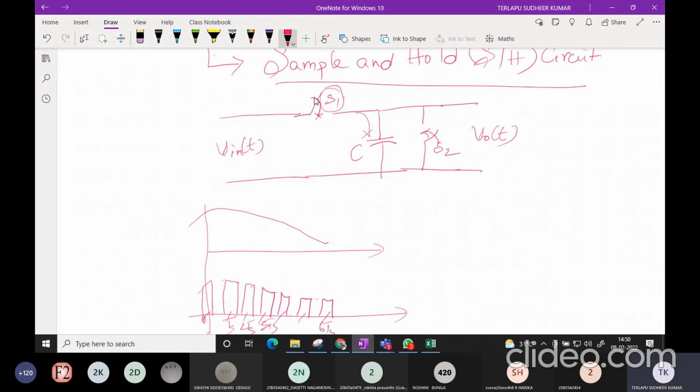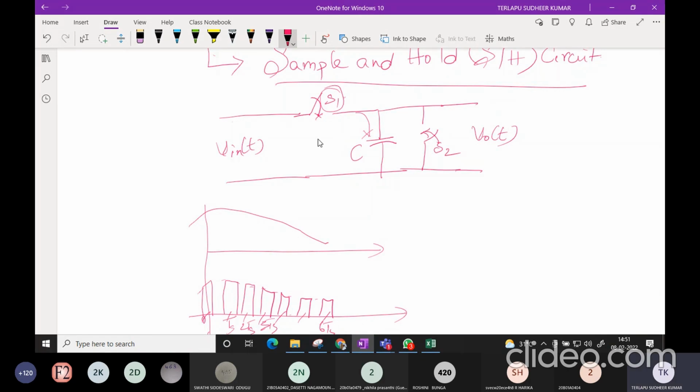S1 is closed during the sample interval, so the signal cannot find a discharging path because S2 is open. So my capacitor will start charging.